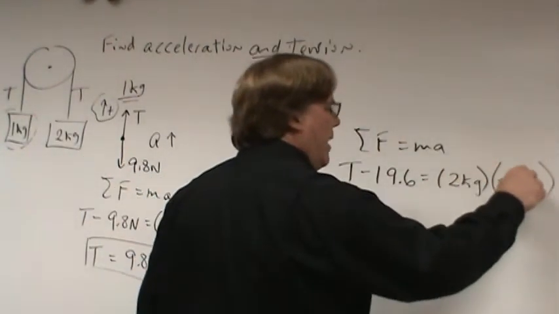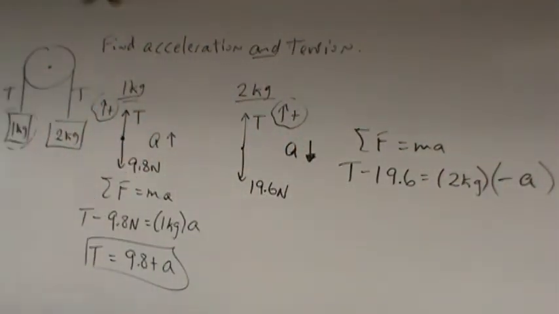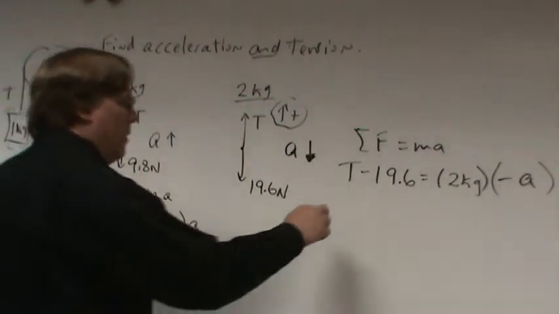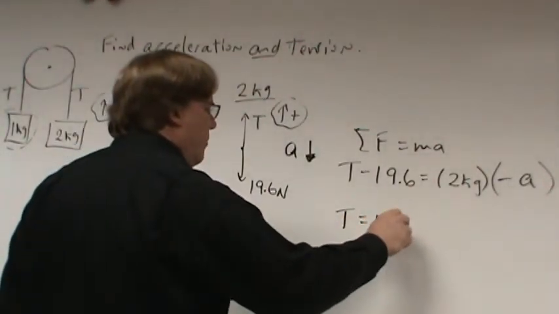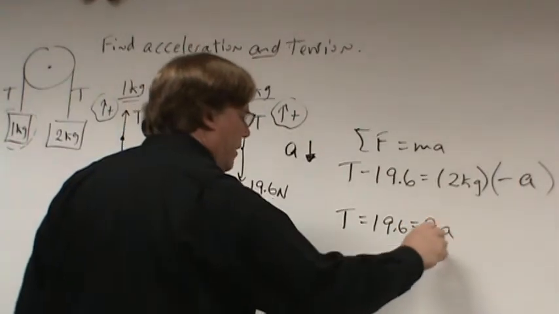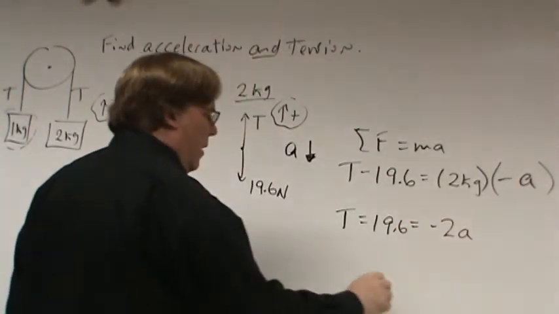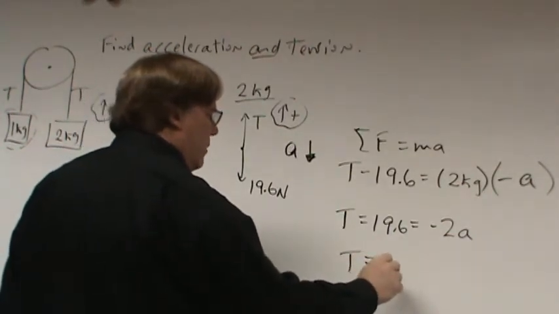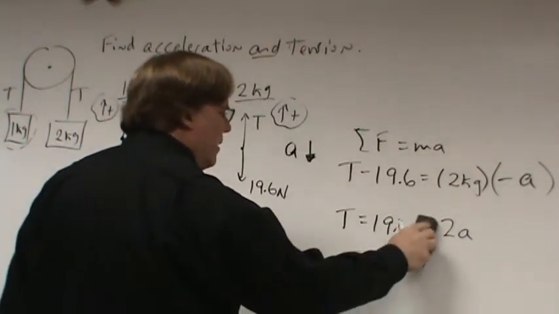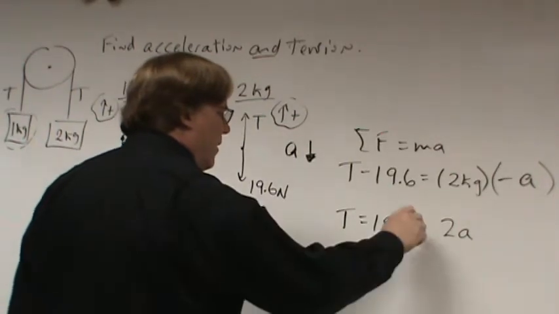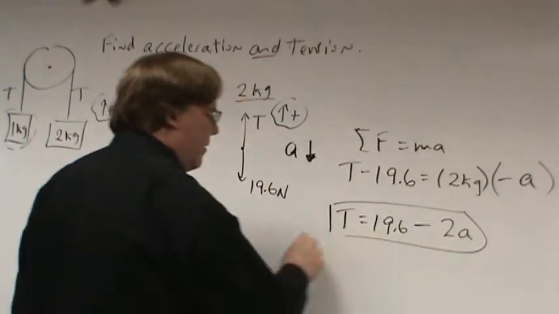The most common mistake students make on these pulley problems is they forget to put a negative A on that guy. So now I get to say T equals 19.6 minus 2A.